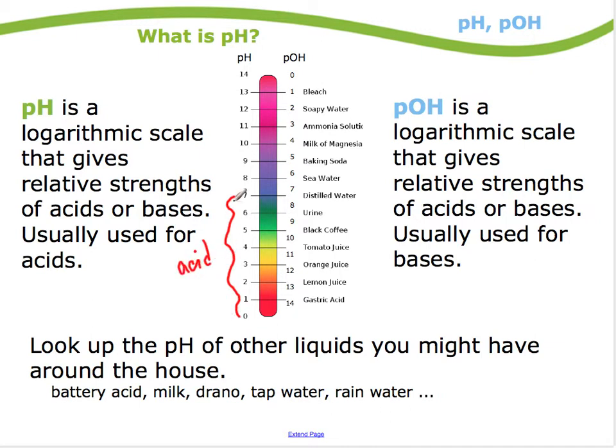So if you have a pH of something less than 7, it's acidic. If you have a pH of more than 7, up to 14, it's basic. So, something like orange juice has a pH of 3. That's interesting, eh? Orange juice, you wouldn't think it's very acidic, but it has a pH of 3, indicating that maybe it's not a strong acid, but certainly it's an acid.